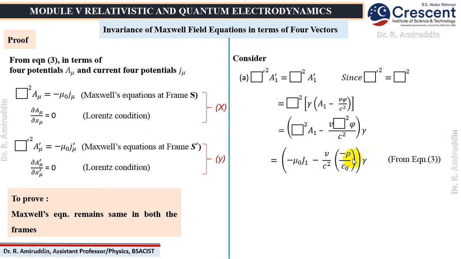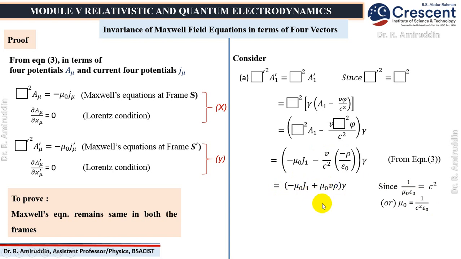Once again we will simplify this term, that is 1 by c square epsilon naught. We can rewrite that as mu naught. How? Because we know that c square is equal to 1 by mu naught epsilon naught, whereas mu naught is equal to 1 by c square epsilon naught. So take this 1 by c square epsilon naught and replace it with the term mu naught, and finally we have minus mu naught j1 plus mu naught v rho, close the bracket, gamma. So minus into minus is plus.